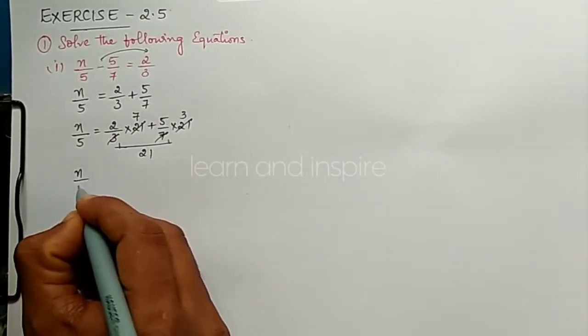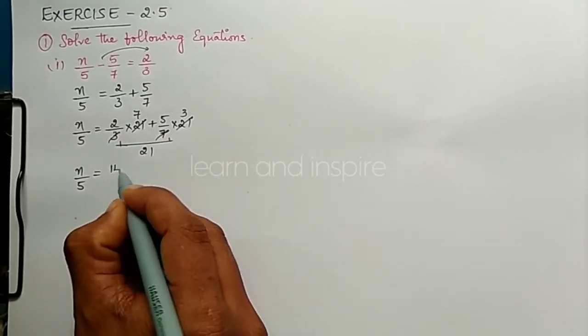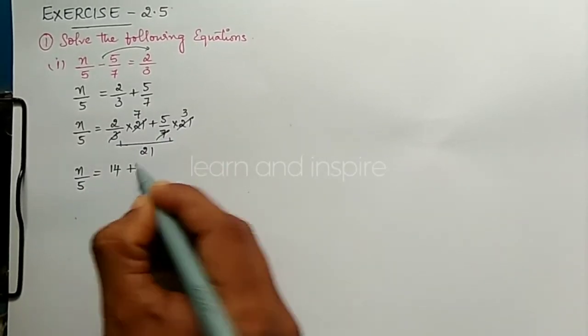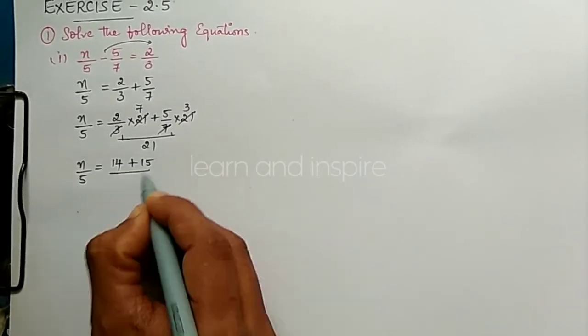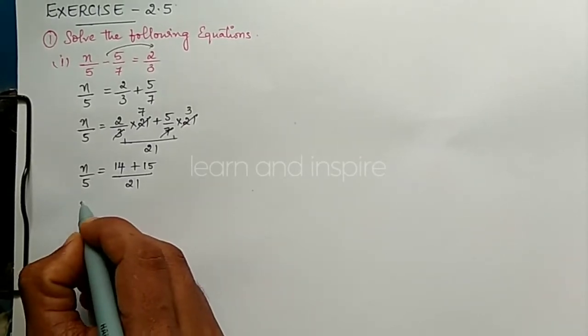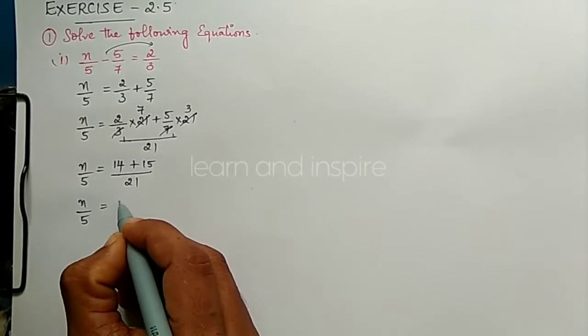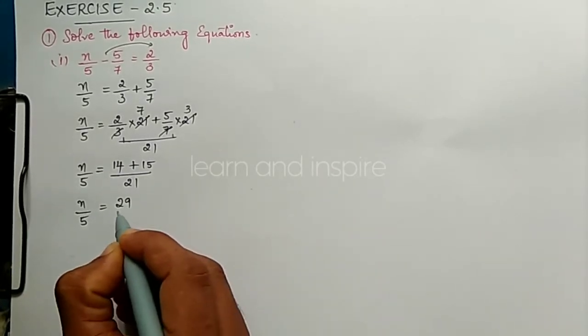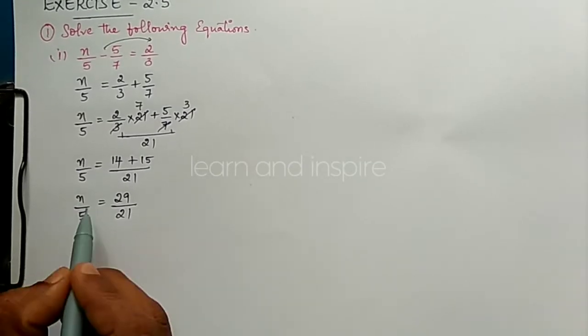Now n by 5 as it is, which is equal to 2 7s are 14 plus 5 3s are 15, divided by 21. Now n by 5 is equal to 14 plus 15, which is 29, divided by 21.